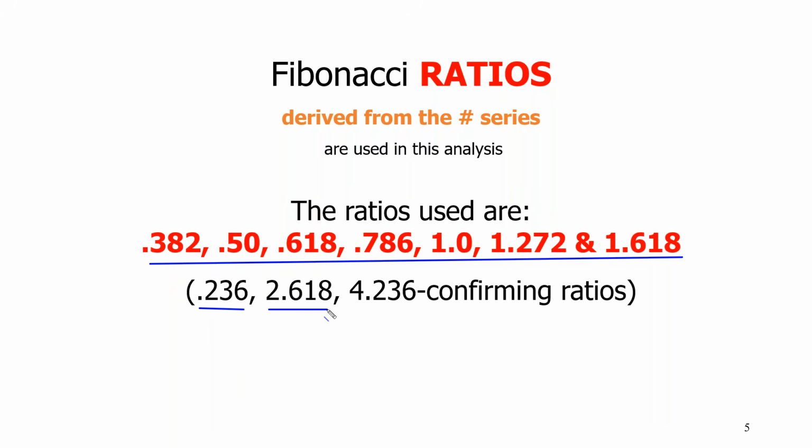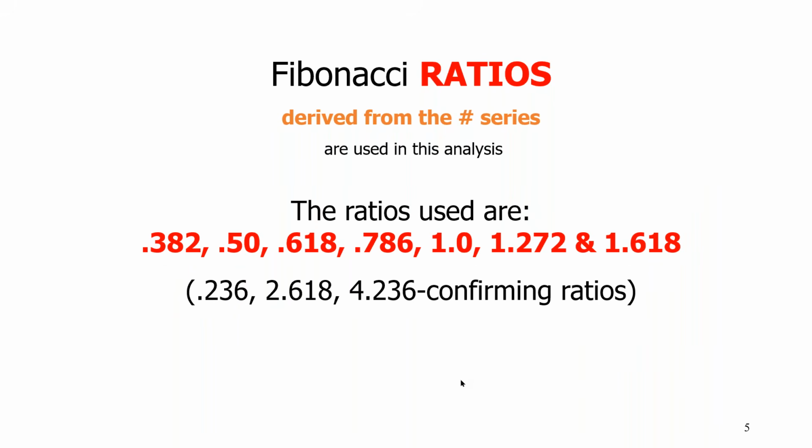I do use 2.618 as my third target for any trend trade setups, because those targets are always 1.272, 1.618, and then 2.618 is target 3. And every once in a blue moon, we'll use 4.236, okay? Probably not very often, but sometimes if you have a runaway move, you can also run a 4.236 extension, and that also may offer resistance.